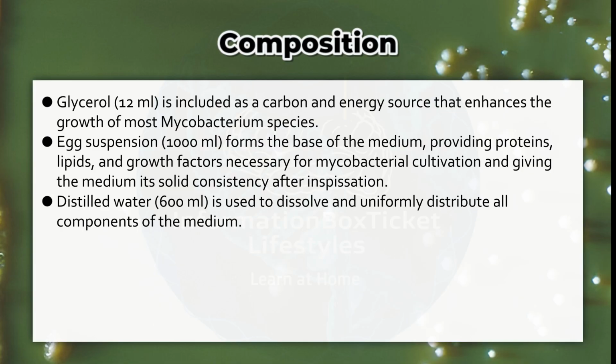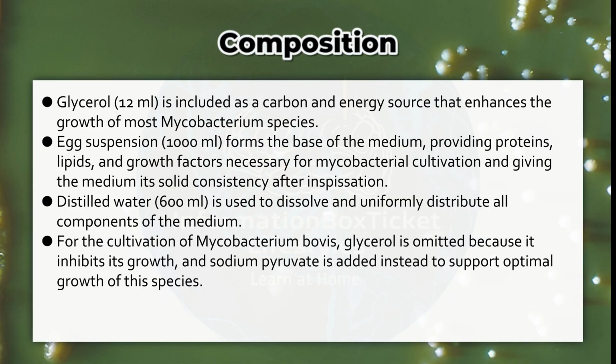Distilled water, 600 milliliters, is used to dissolve and uniformly distribute all components of the medium. For the cultivation of Mycobacterium bovis, glycerol is omitted because it inhibits its growth, and sodium pyruvate is added instead to support optimal growth of this species.